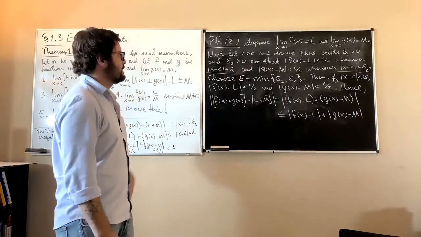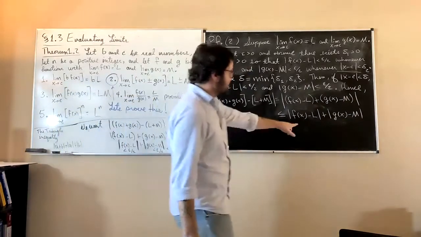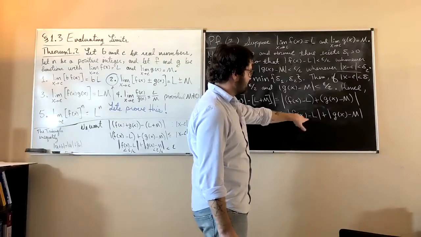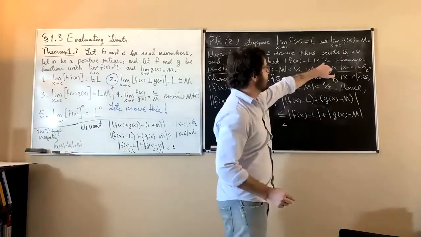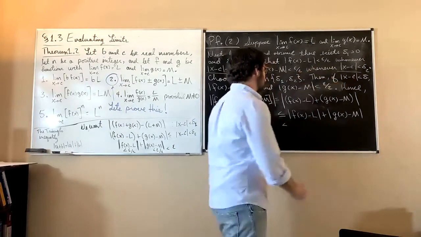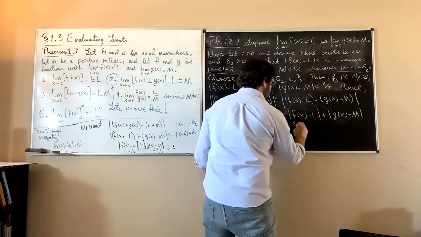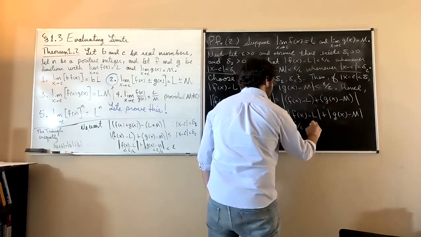Okay. And then we know that f of x minus L is less than epsilon over 2 whenever x is in that interval. So this is at most epsilon over 2.